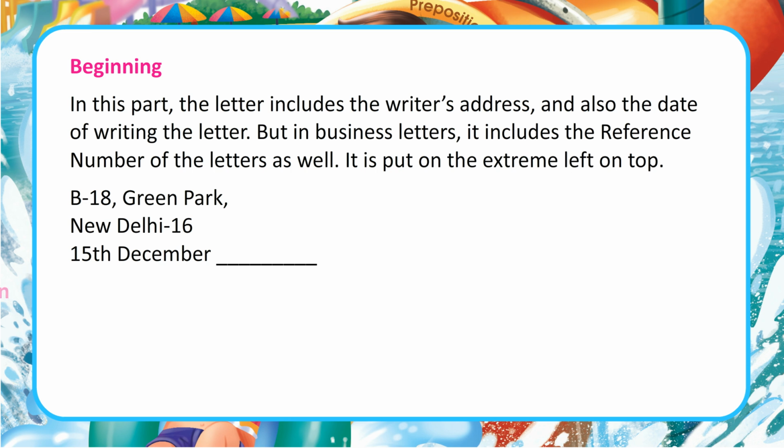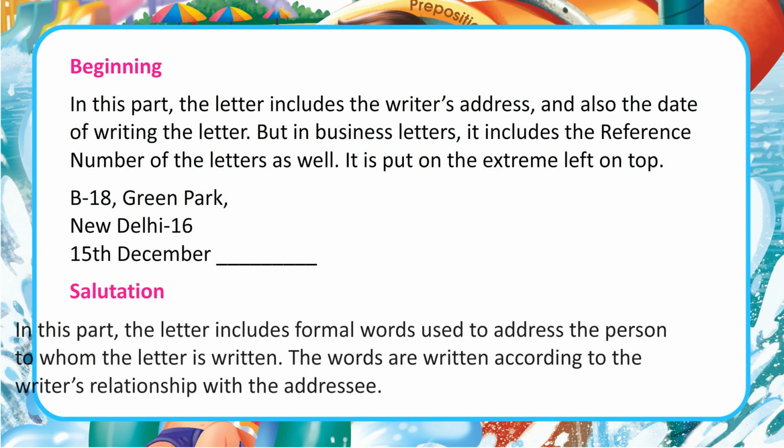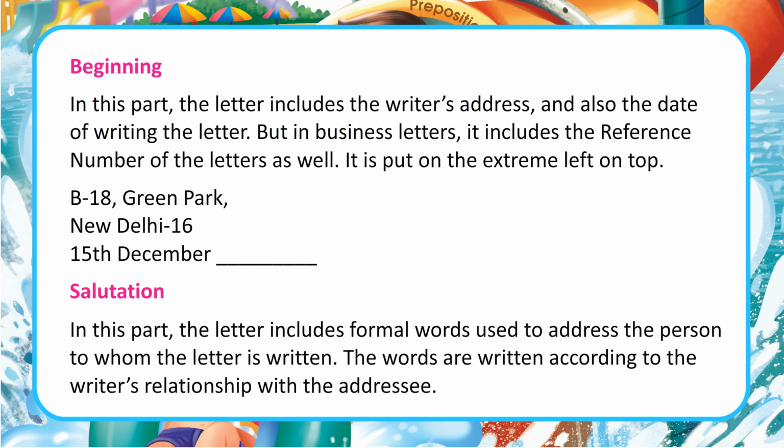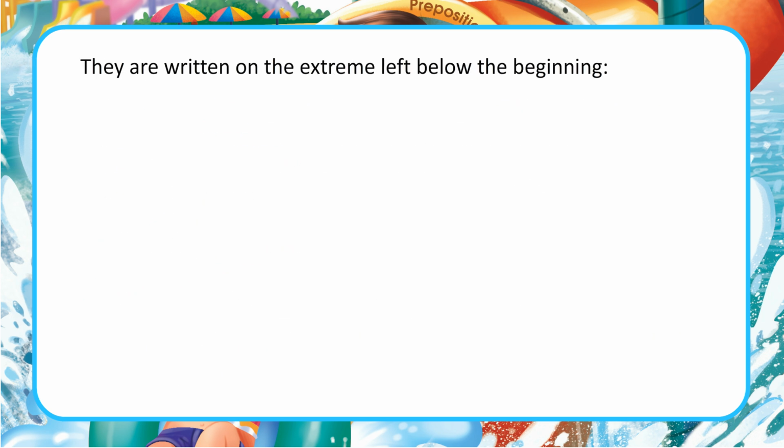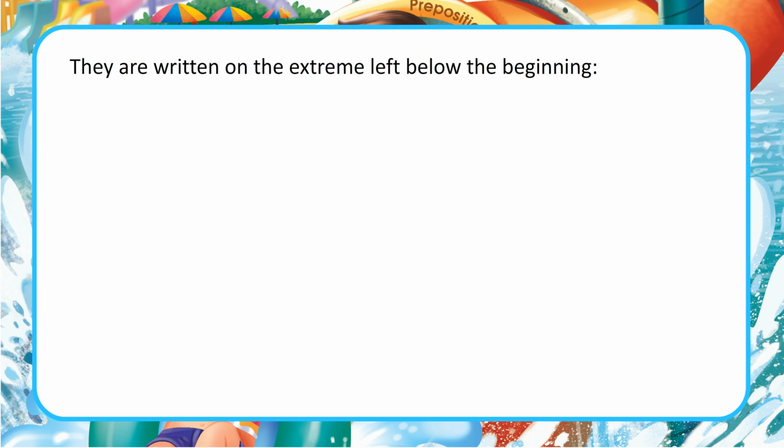15th December. Salutation. In this part, the letter includes formal words used to address the person to whom the letter is written. The words are written according to the writer's relationship with the addressee. They are written on the extreme left below the beginning. 1. To friends.